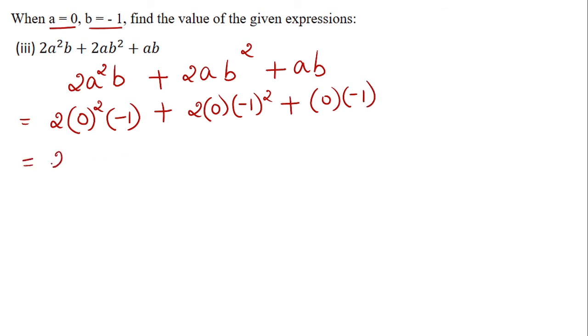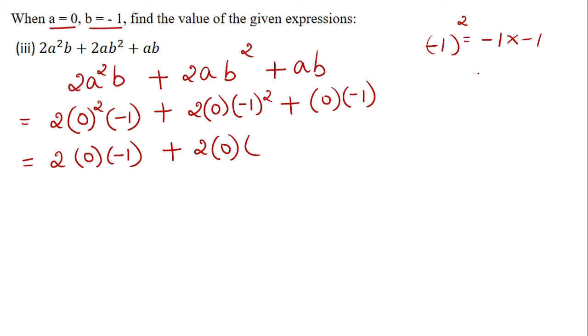So that's equal to 2 into 0 to the power 0 is 0 into minus 1 plus 2 into 0 into minus 1 whole square is minus 1 into minus 1.